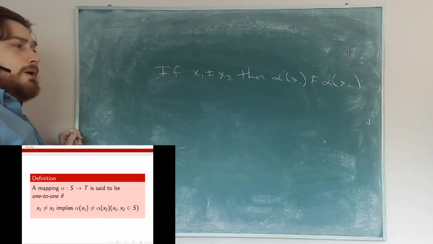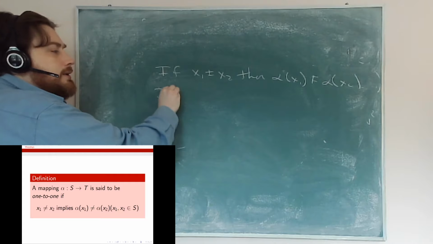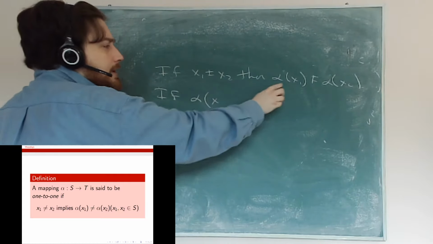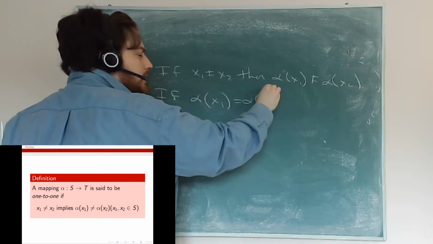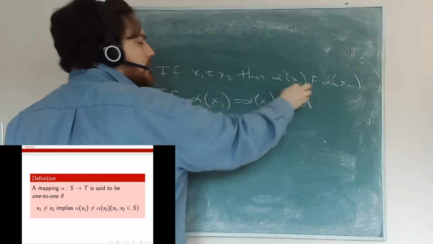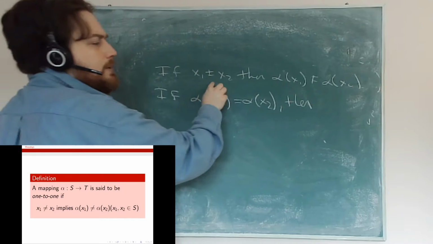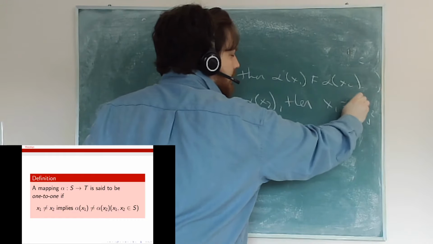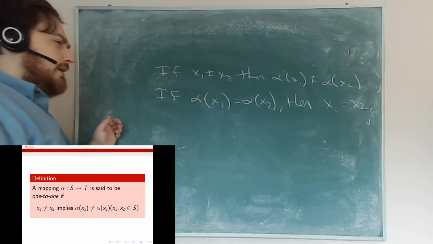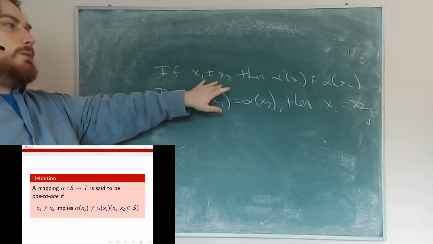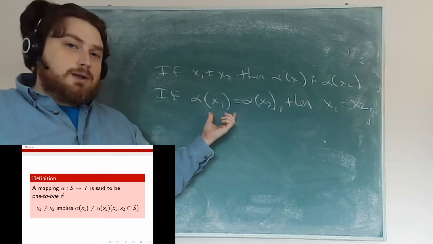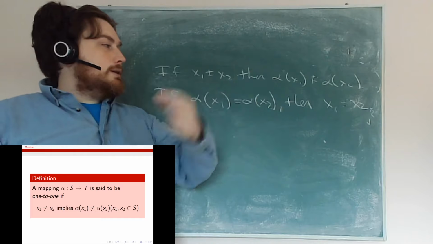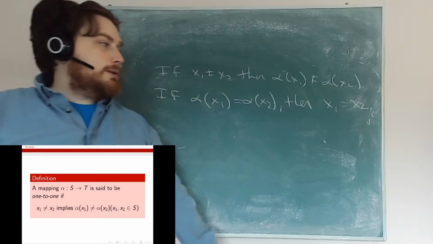So instead of doing a direct proof here, what we could do is a proof by contrapositive. This is equivalent to saying, if I negate the statement, if alpha of x1 is equal to alpha of x2, then x1 is equal to x2.